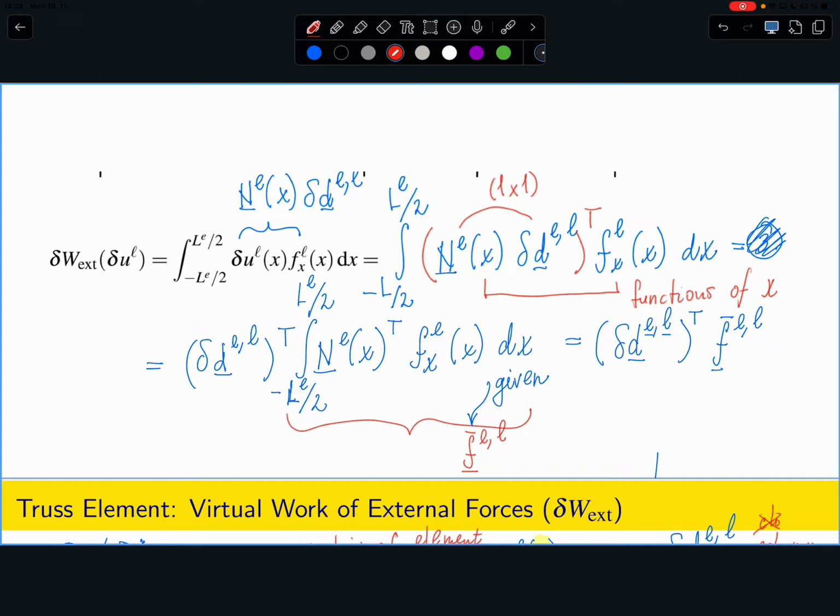Because this is 2 times 1, and there is transpose, this one must be of the same dimensions to have it going, so this would be a column of 2 values, and this column is column of equivalent or consistent nodal forces.